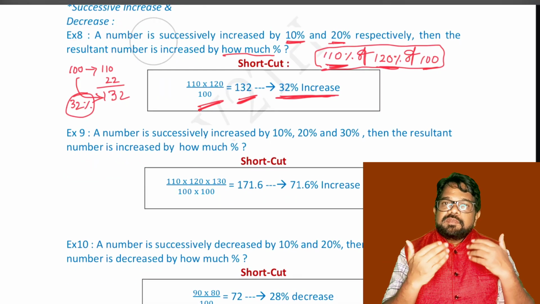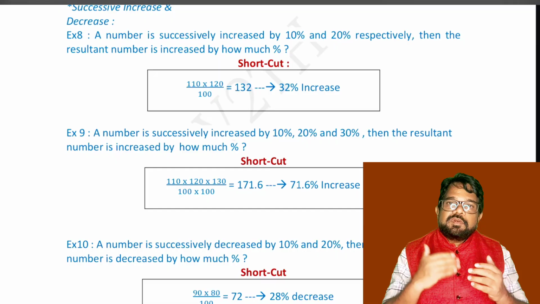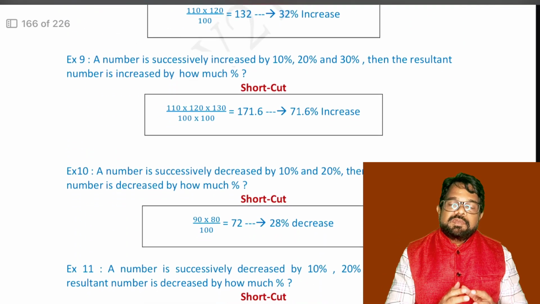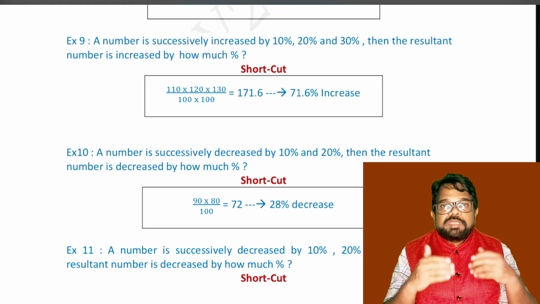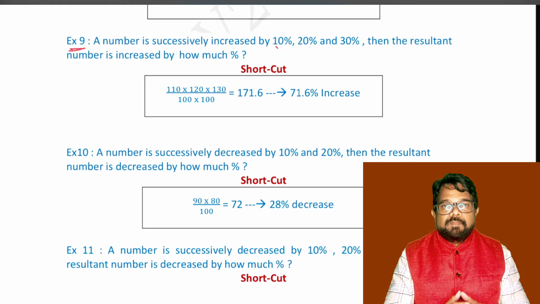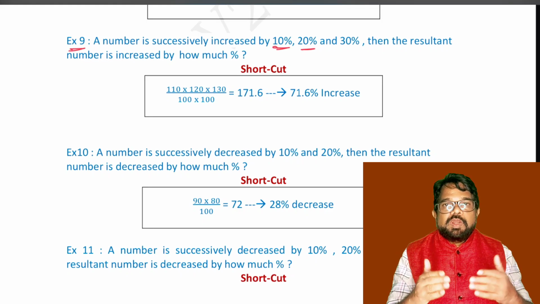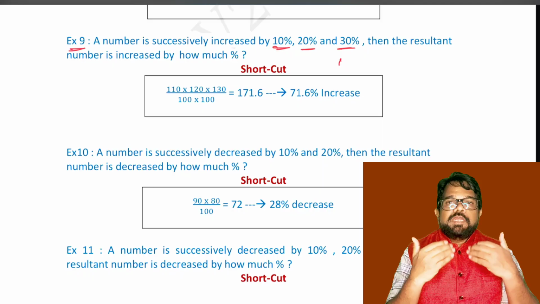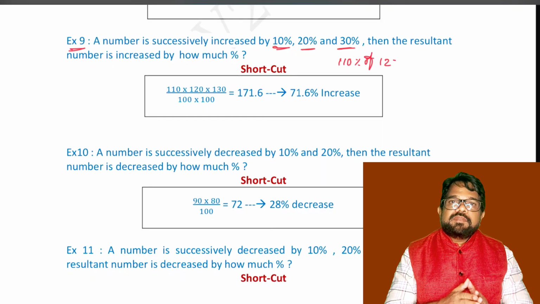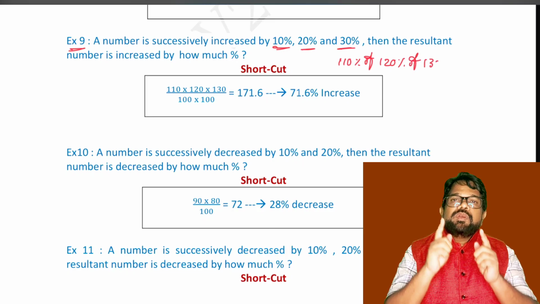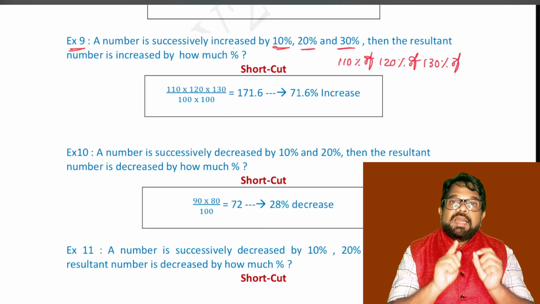Now example 9, observe example 9. A number is successively increased by 10%, 20% and 30%. Then the resultant number is increased by how much percent? The same strategy, how to apply: 110% of, 120% of, 130% of 100. 2 zeros get cancelled. 110 into 120 into 130 by 100 into 100.